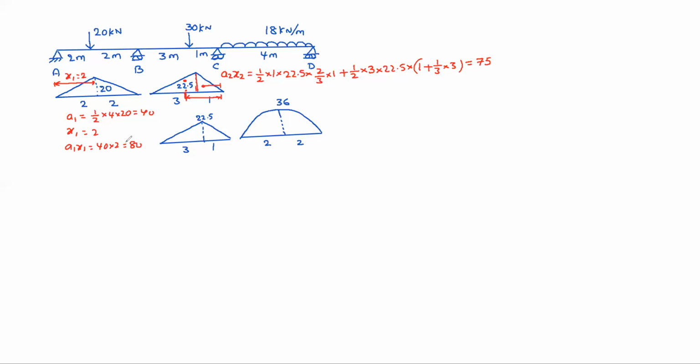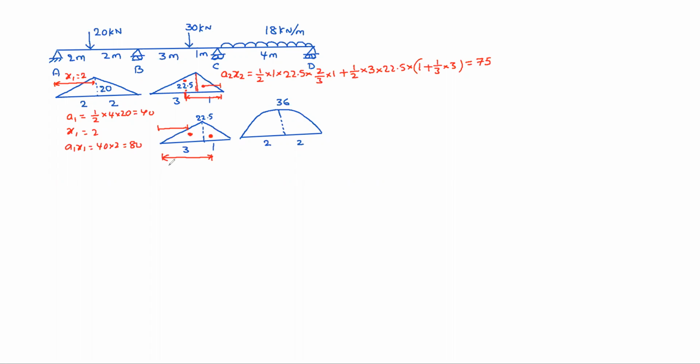Now for the second one, BC and CD spans, also will mark like this. For this, A1 x1 equals, see here the centroid, and for this the centroid is like this, this centroid and this centroid.